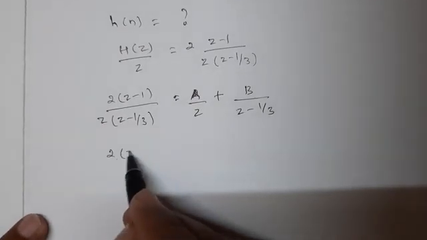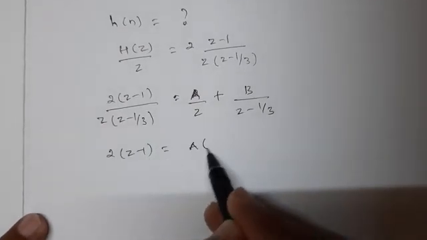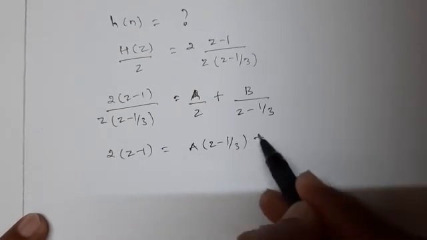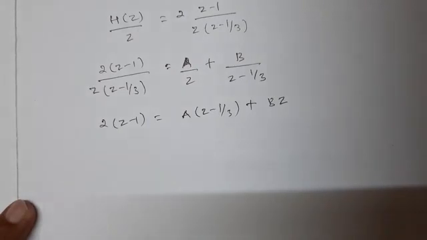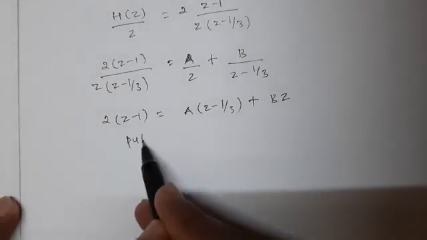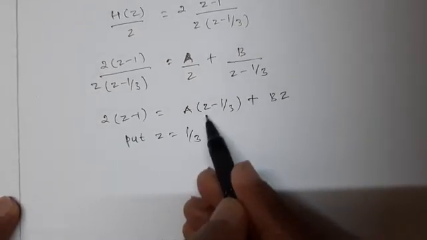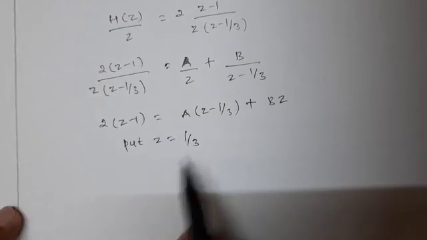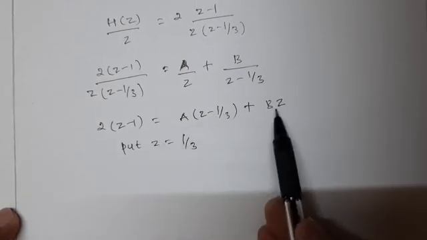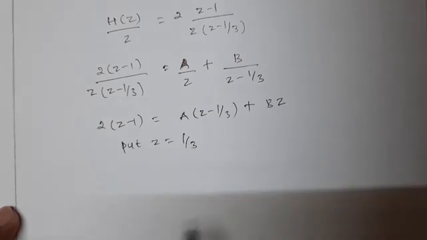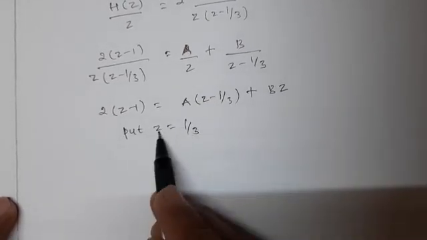Which is 2z minus 1 equal to a into z minus 1 by 3 plus bz. The denominator gets cancelled. Put z equal to 1 by 3 in this equation. How to put this? z minus 1 by 3 equal to 0, so put z equal to 1 by 3. Here I don't have anything. Put z equal to 0 in the second equation.